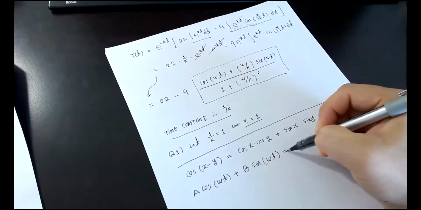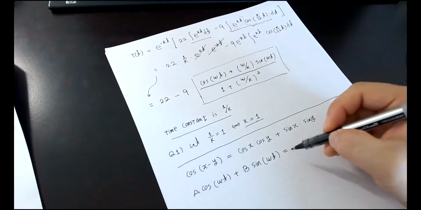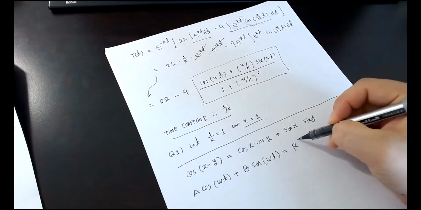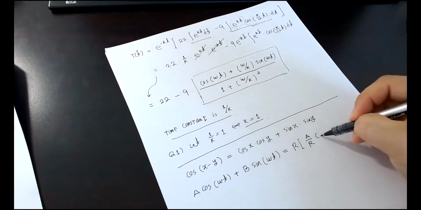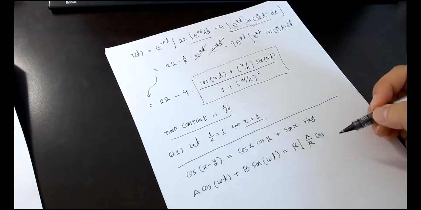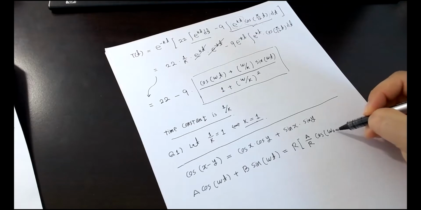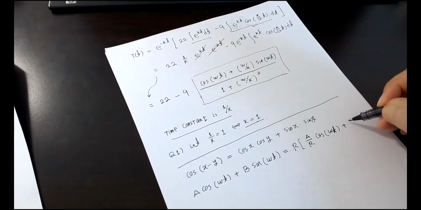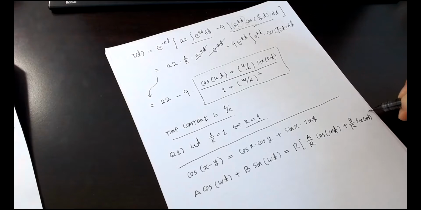We rewrite this as r times a over r cosine omega t plus b over r sine omega t.